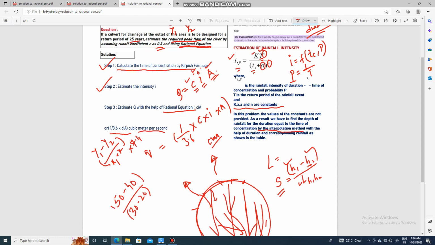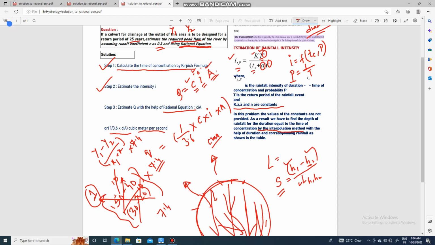This is the slope, and then you multiply the remaining portion, 7.4. So this is 10 and this is also 10, so the slope m is actually 1. Multiply by 7.4, the remaining amount, and it becomes 7.4.